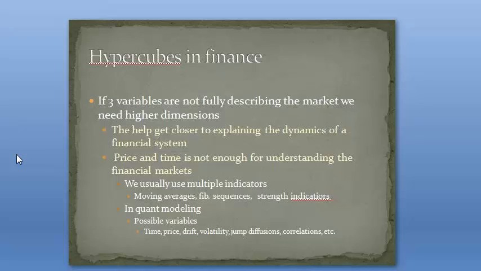Price and time is not enough, as I mentioned, and to understand the financial markets, we're going to need to see more variables. So we usually use multiple indicators. This is why technical traders on their price charts have a lot of different indicators. And the indicators could be the moving averages, Fibonacci's, or the strength indicators.